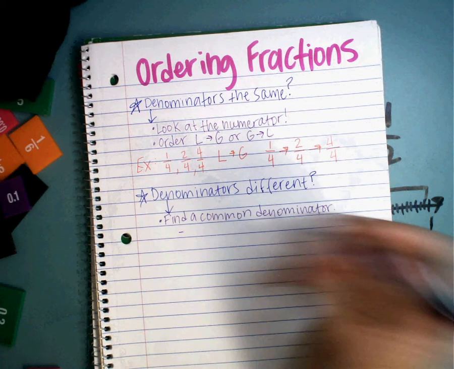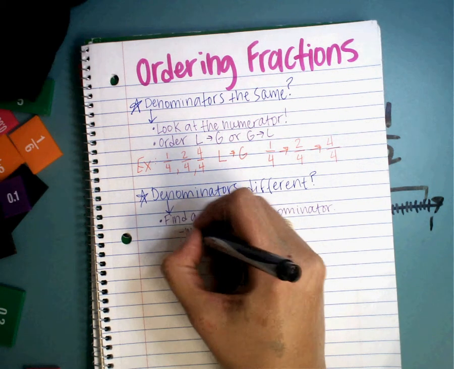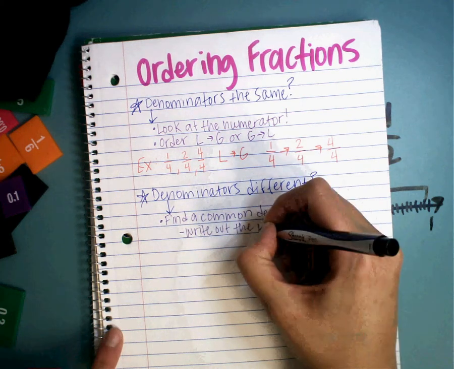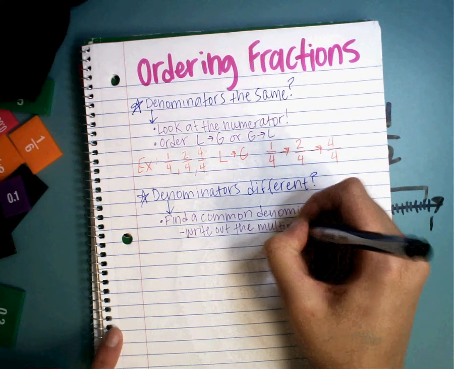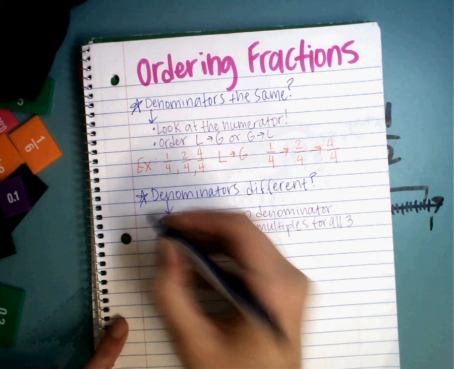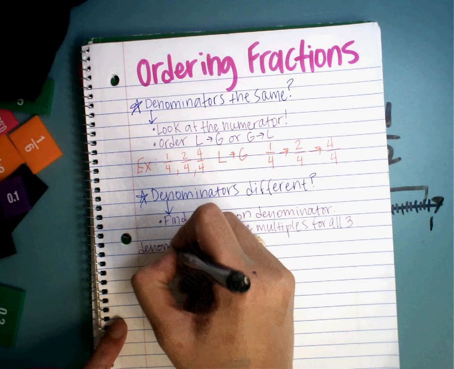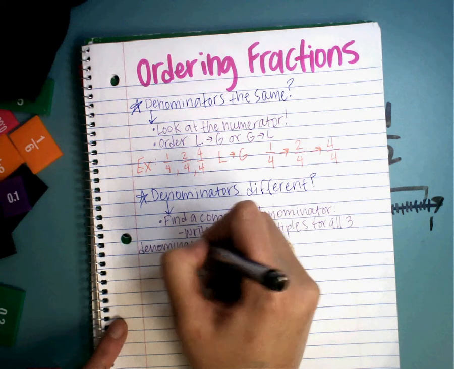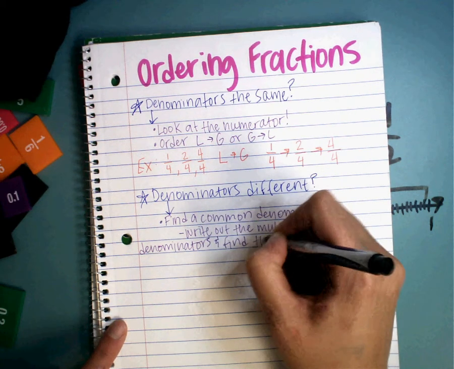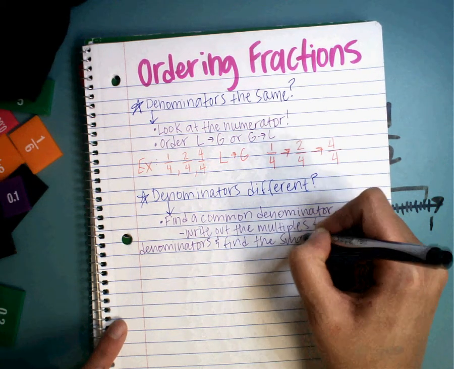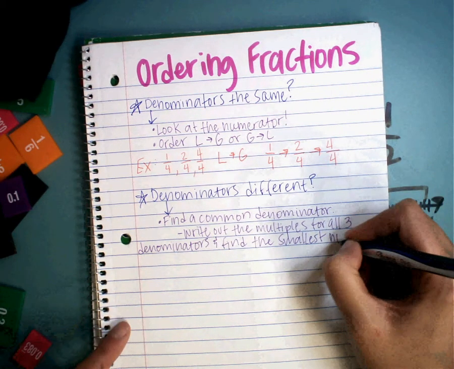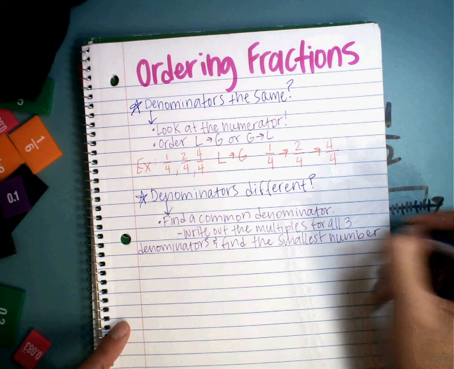Find a common denominator. What this involves is to write out the multiples for all three denominators and find the smallest number that they all share.